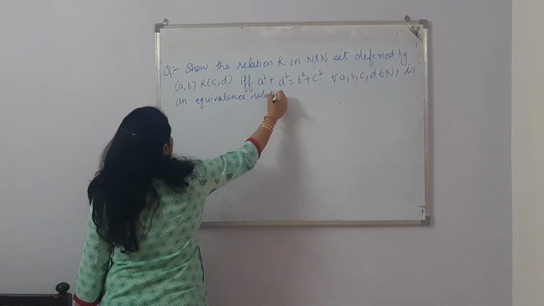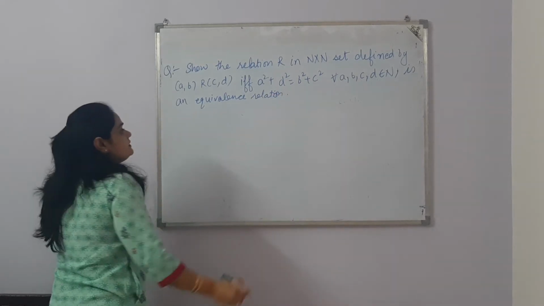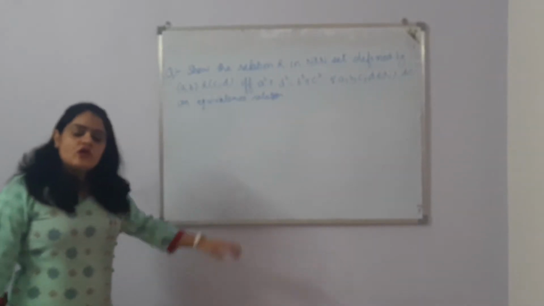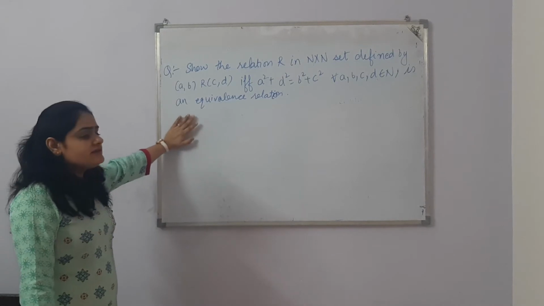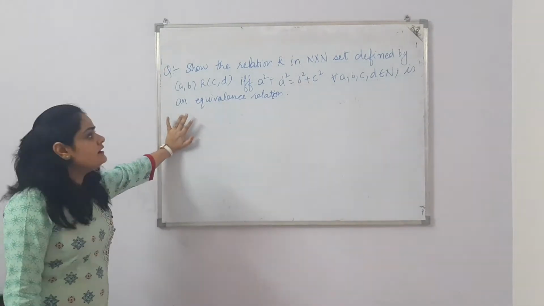We need to prove that it is an equivalence relation. That means all three cases should be proved: first reflexive, another symmetric, and the last transitive.